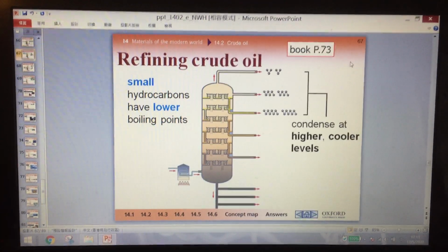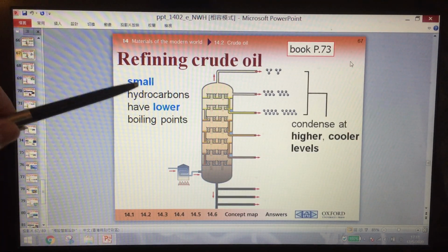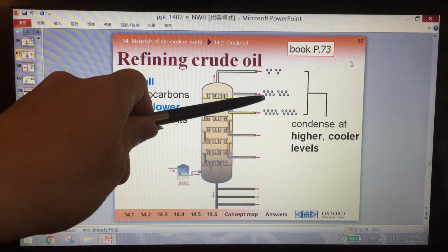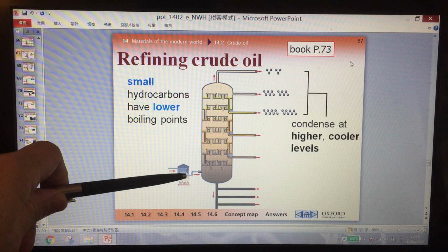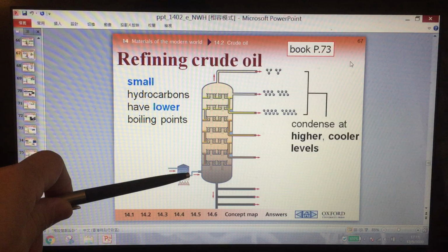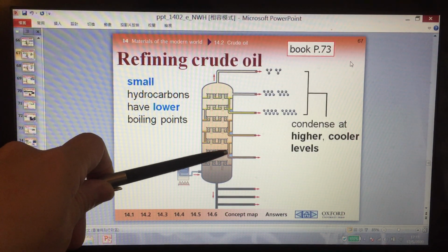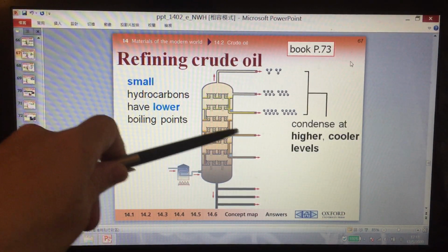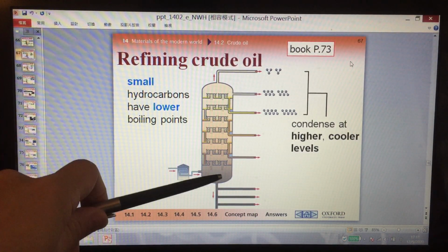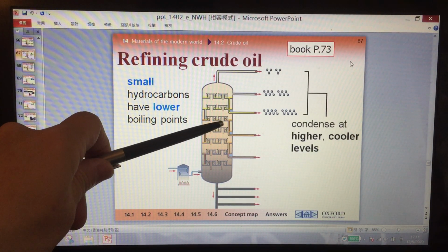So step by step, if the hydrocarbons are very small or medium size, when they are heated to 400 degrees Celsius, they will become vapor and then go up. But at the lower part of the tower, the temperature is still high enough, so they will stay as gas and go up.